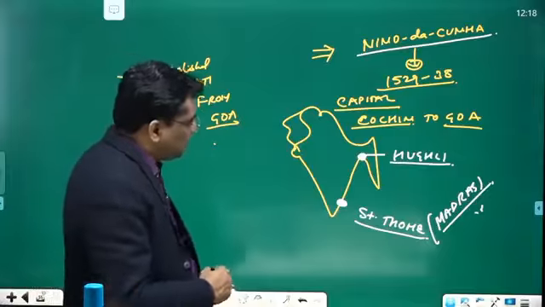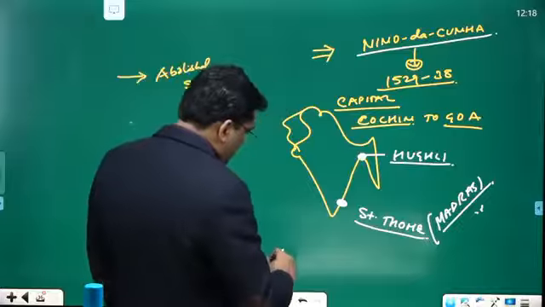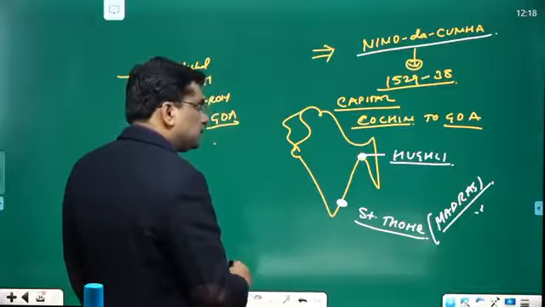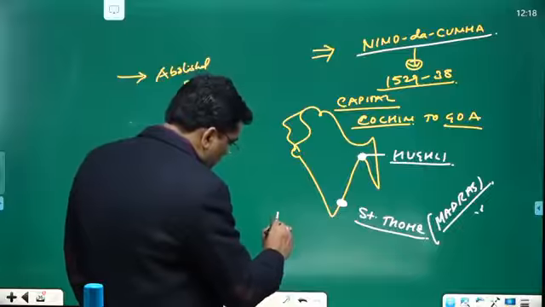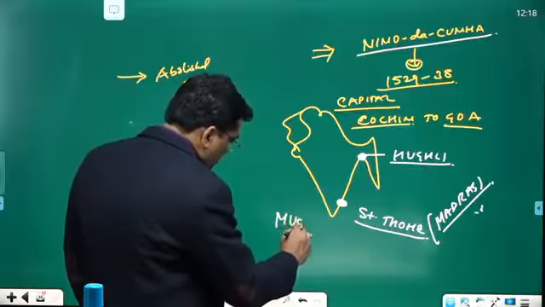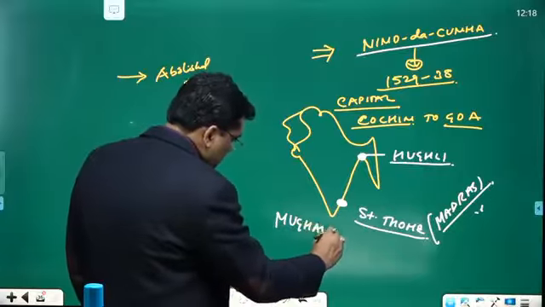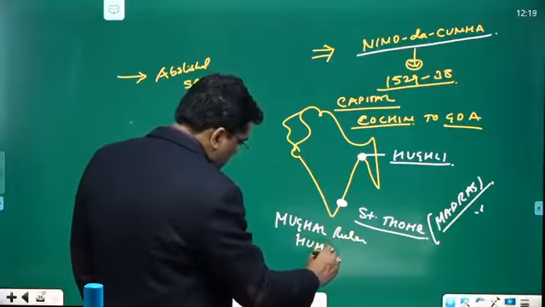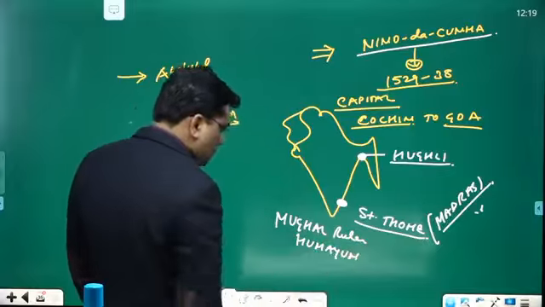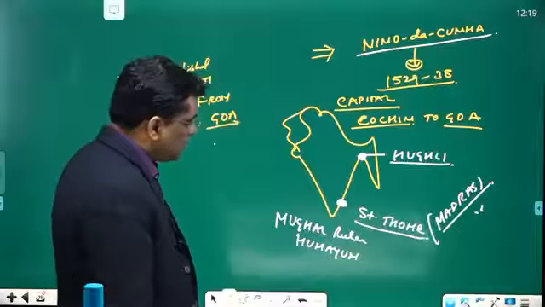During the time of Nino da Cunha, the Mughal ruler Humayun, as we have studied in the Mughal Empire, invaded Gujarat.